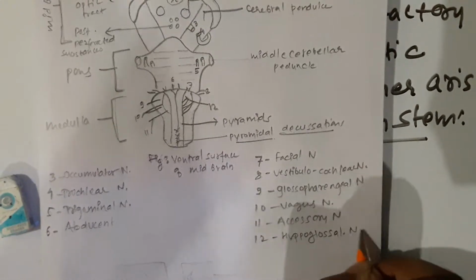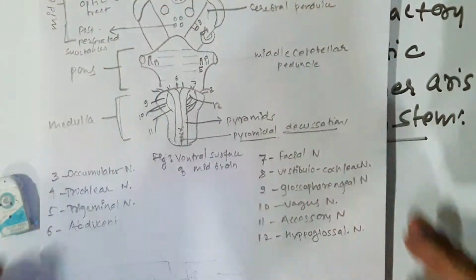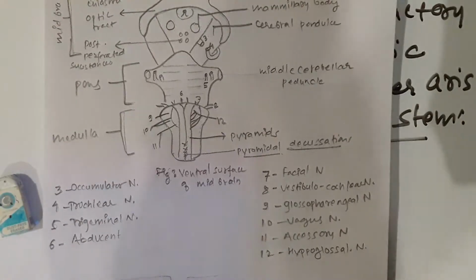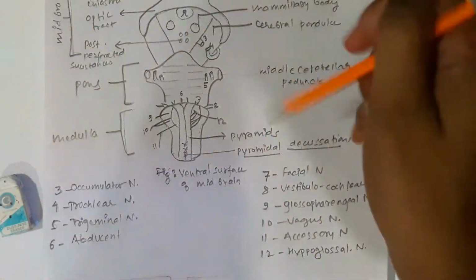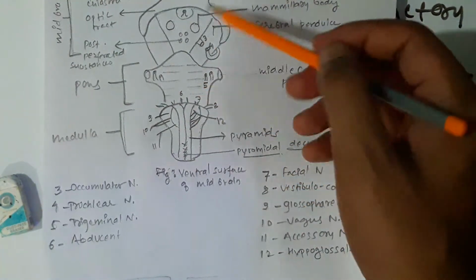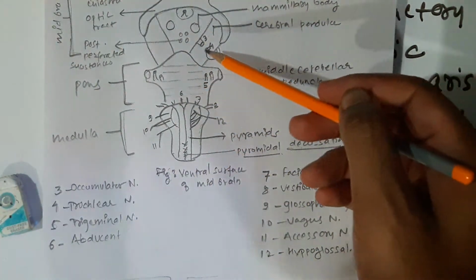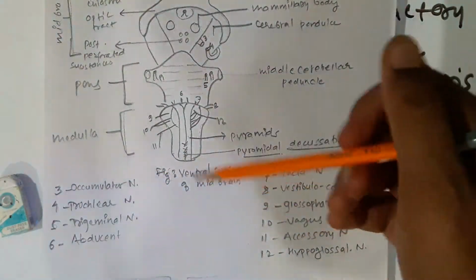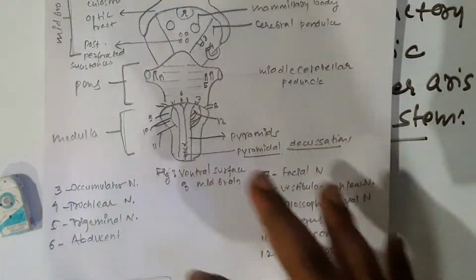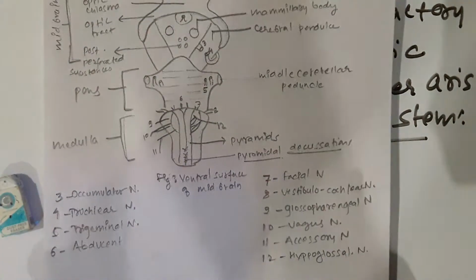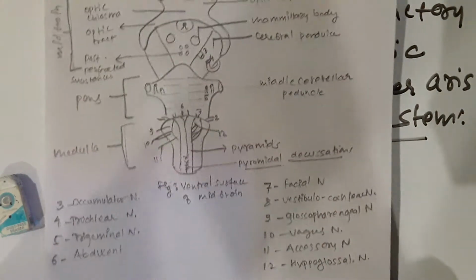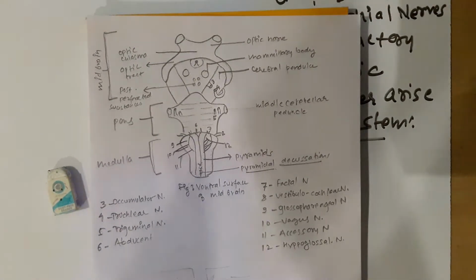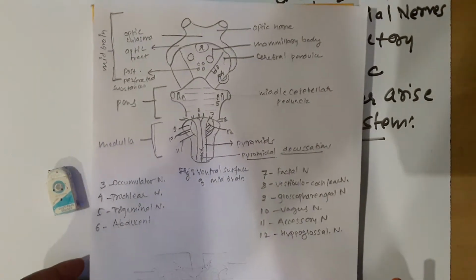So you practice the figure once or twice and then remember the sequence. Try to draw the nerves in their respective parts, write the numbers and name them. This will help you remember the sequence, and you don't need any other tricks or mnemonics. I hope it is clear to you.